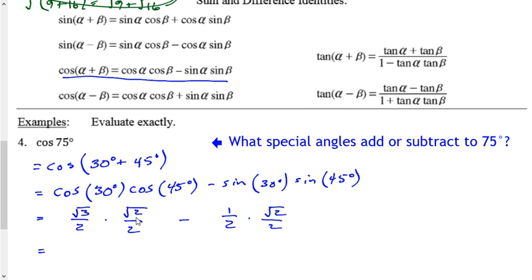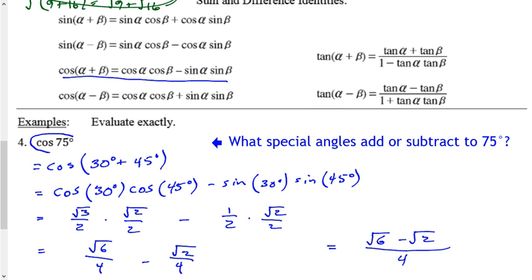So root 3 times root 2 is root 6, all over 4. And we'll subtract root 2 all over 4 to get an answer of root 6 minus root 2, all over that common denominator of 4. So we figured out an exact value for the cosine of 75 degrees. And that's one way that we make use of the sum and difference identities.